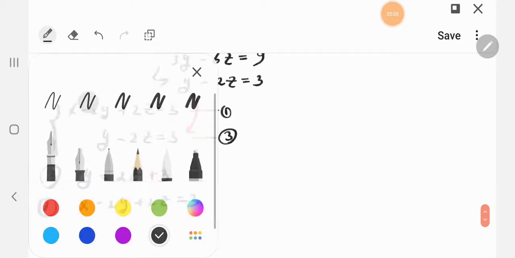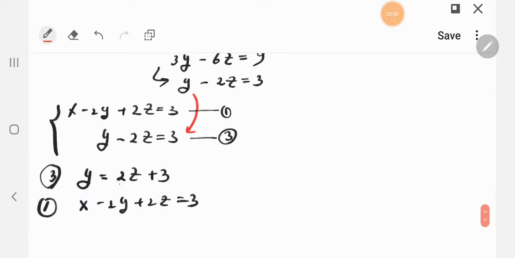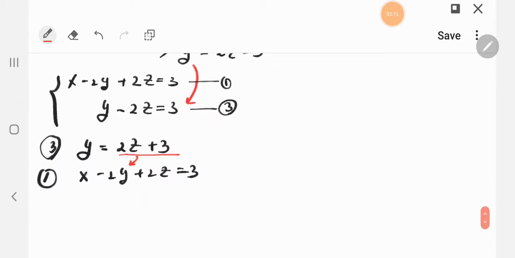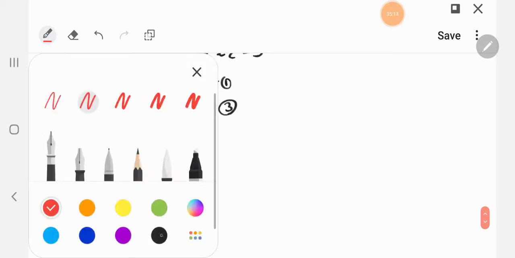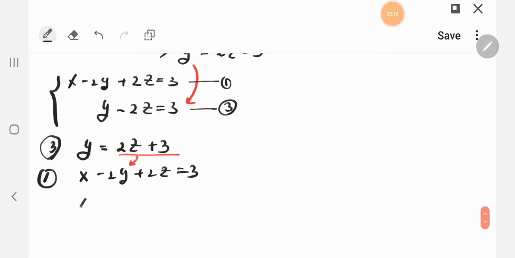Replace the y value with this expression. Then x minus 2 times (2z plus 3), plus 2z is equal to 3.